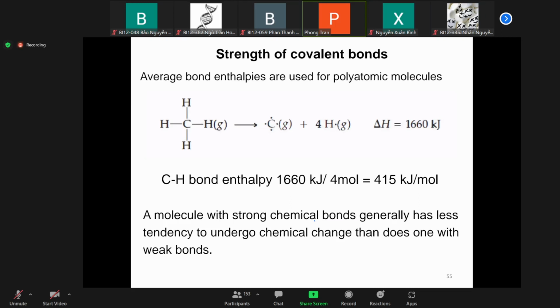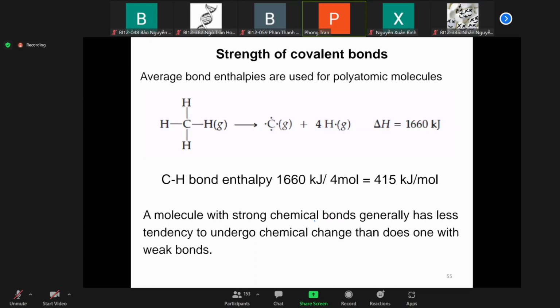A molecule with strong chemical bonds generally has less tendency to undergo chemical change than one with a weak bond. So we say stronger chemical bond means more stable. More stable means less reactive in the chemical reaction. And if you have weaker bonding, that means the molecule is less stable.